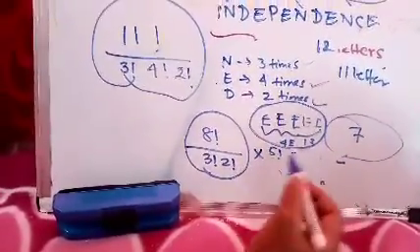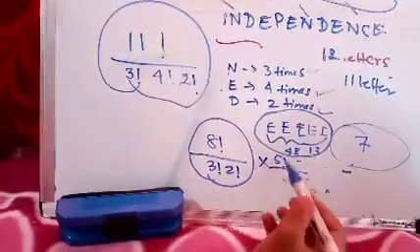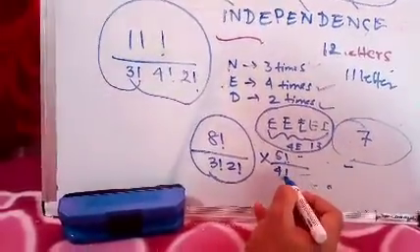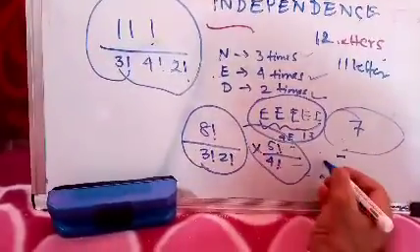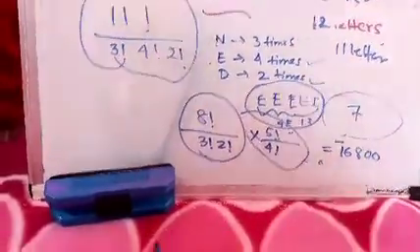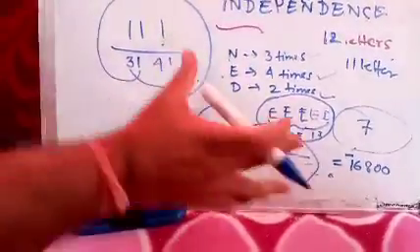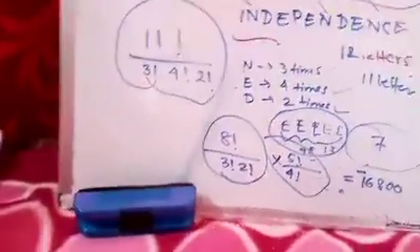The 5 vowels can be arranged in 5 factorial divided by 4 factorial, since E is repeated 4 times. If you calculate, the result will be 16800. So this is how we can calculate.